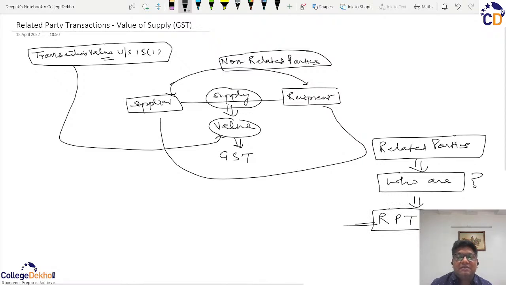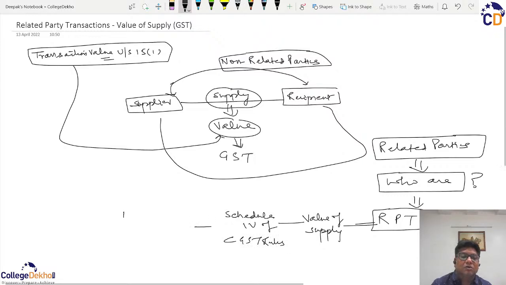And in this case, the value of supply will not be the transaction value, but it will be as per schedule 4 of the CGST rules, and not the transaction value.